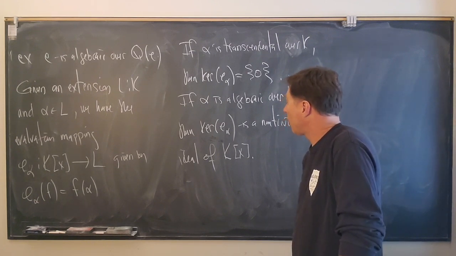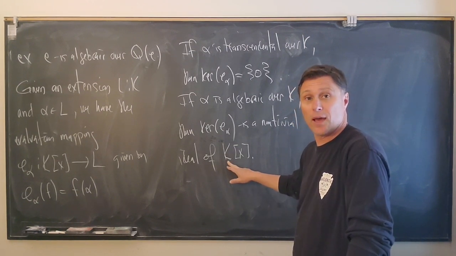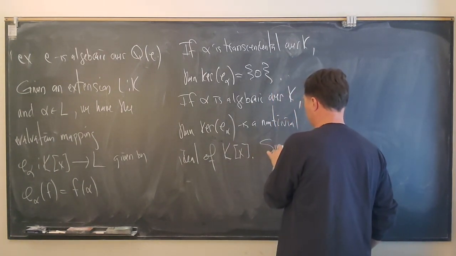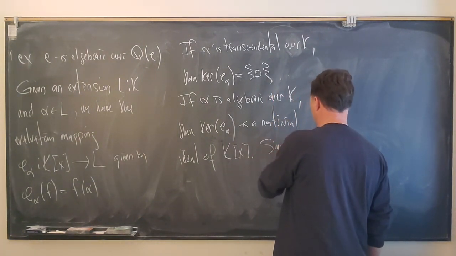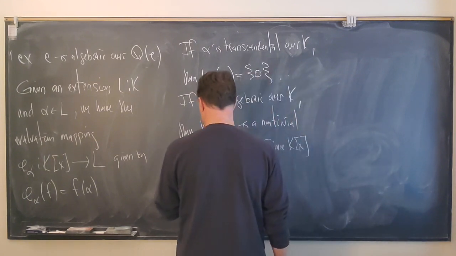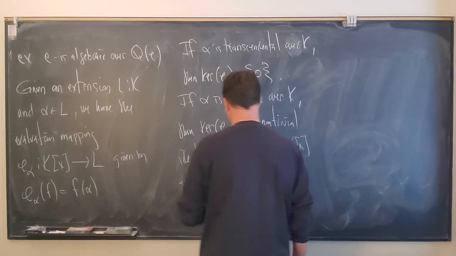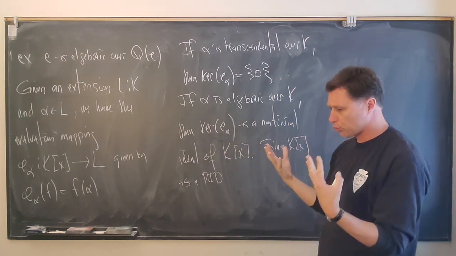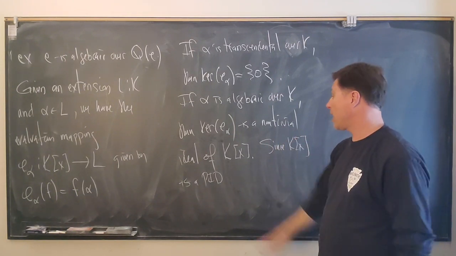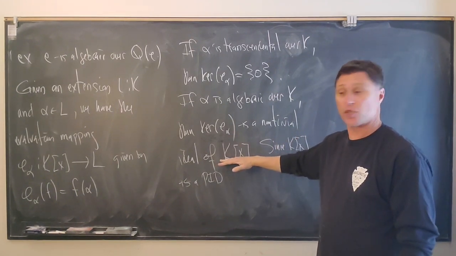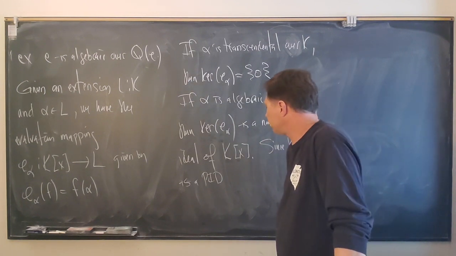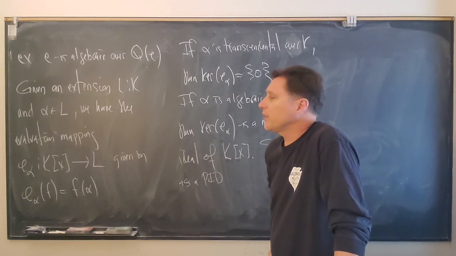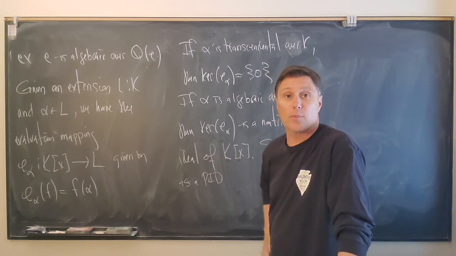Fine, okay. Now what do we know? If K is a field, then K bracket X is a PID. Since K bracket X is a principal ideal domain, that means that this ideal has a single generator. And if you remember back to the proof, when you're showing that K bracket X is a PID, anytime you have a field, you produce a generator for that ideal by saying, let's just take any non-zero polynomial of least degree.